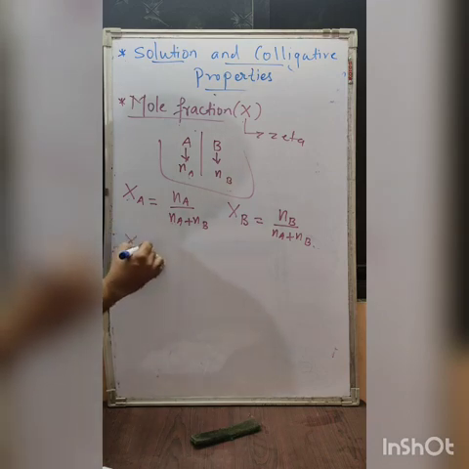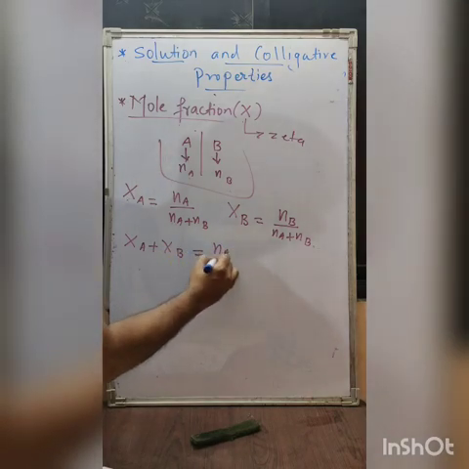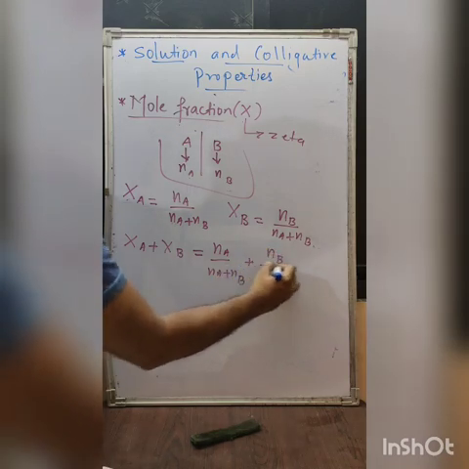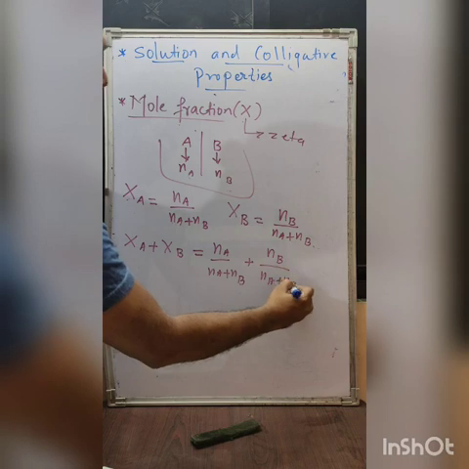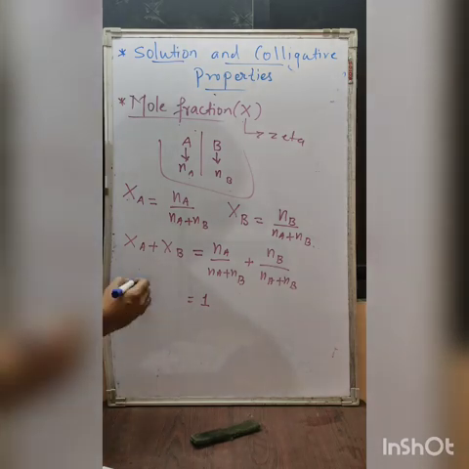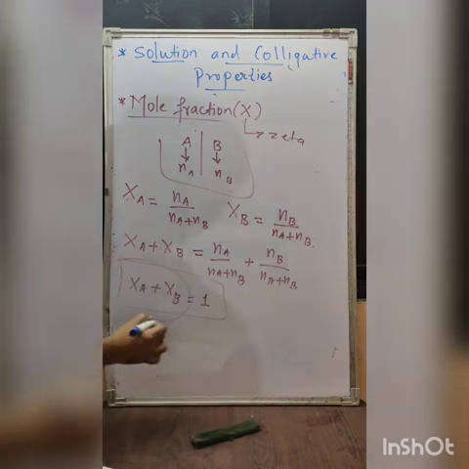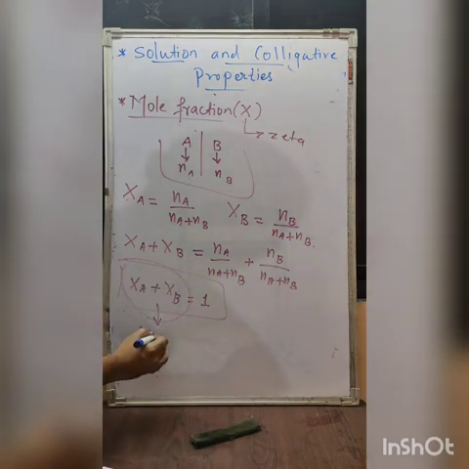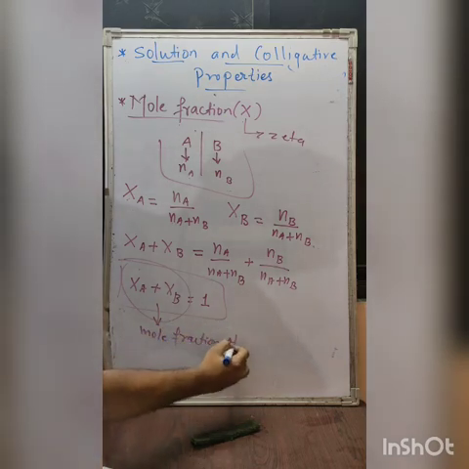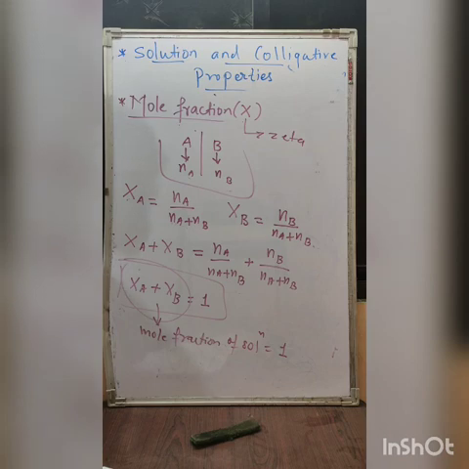If I add XA plus XB, what is XA? That is Na upon Na plus Nb plus Nb upon Na plus Nb. If I add this together, I will get the answer 1. So the mole fraction of solution is always equal to 1.